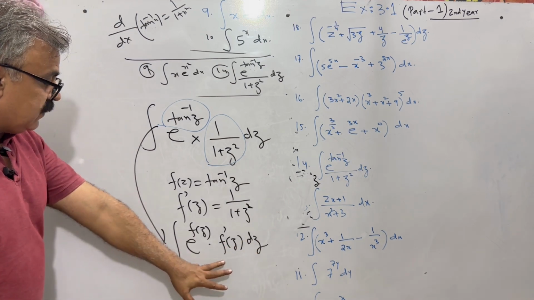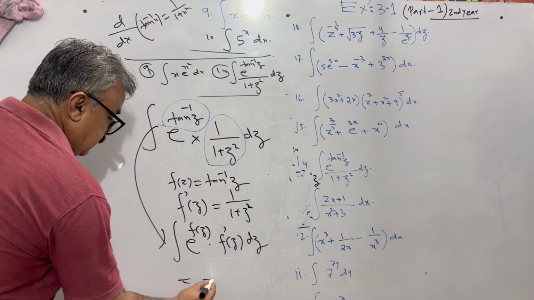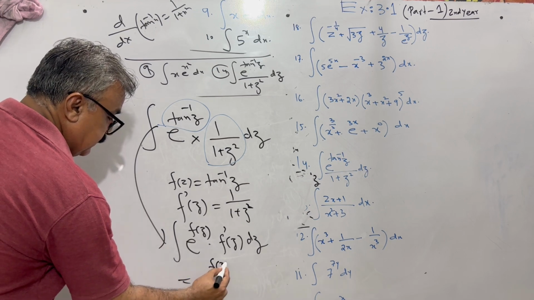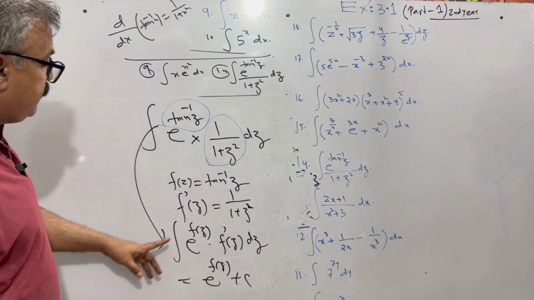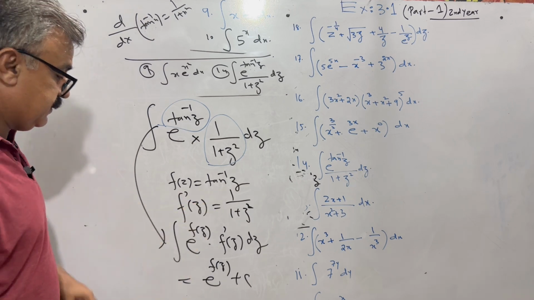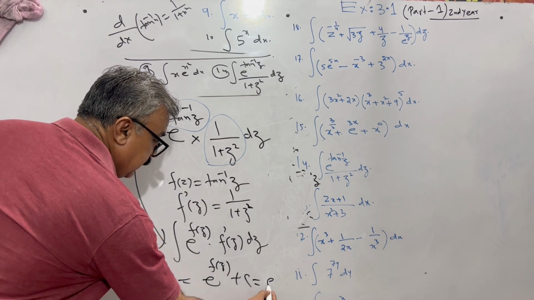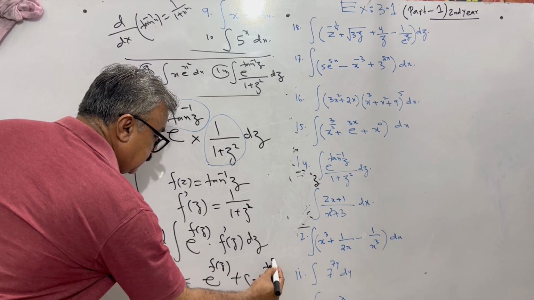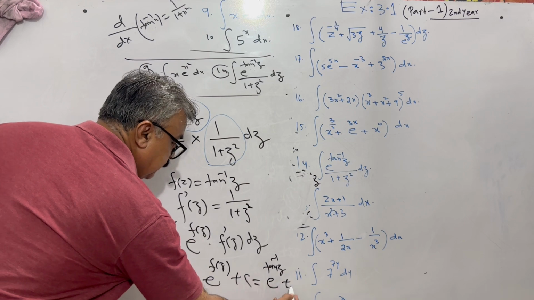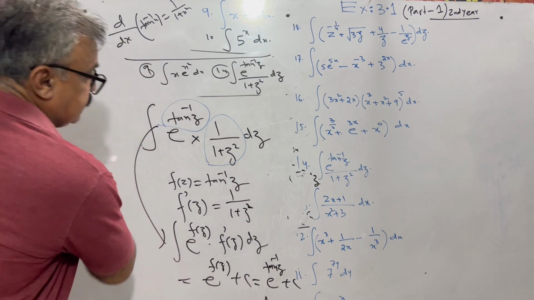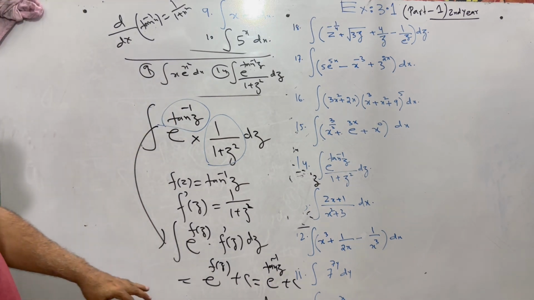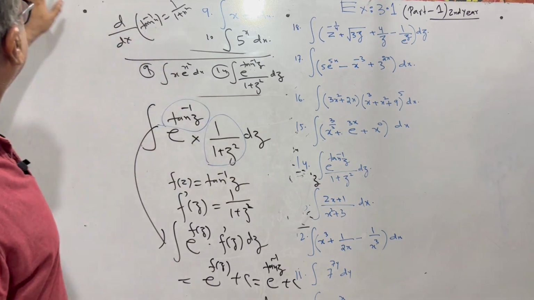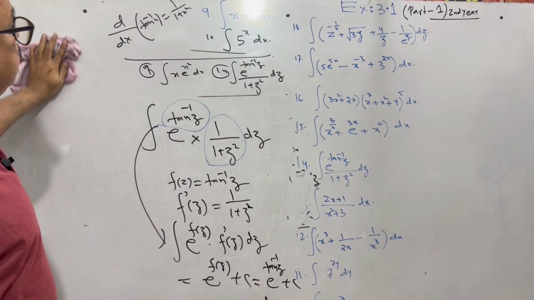Its integration is only e raised function, that's f of z, plus c. Put the value of the function, f of z is tan inverse z. So we have e raised tan inverse z plus c as our answer in that case. Okay, cool.